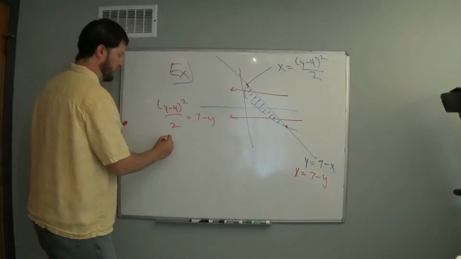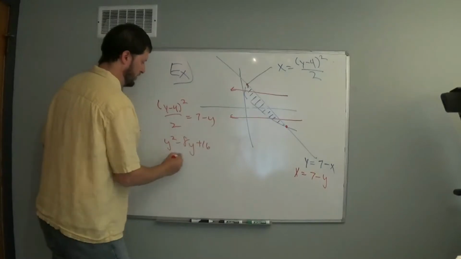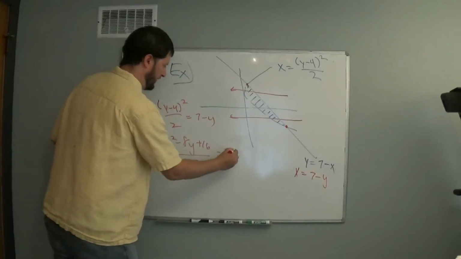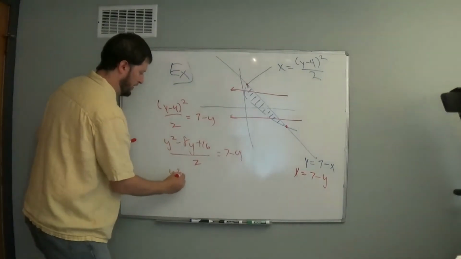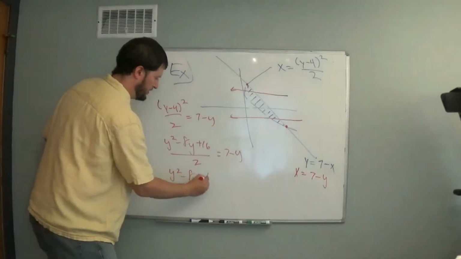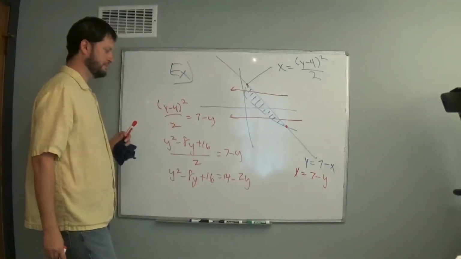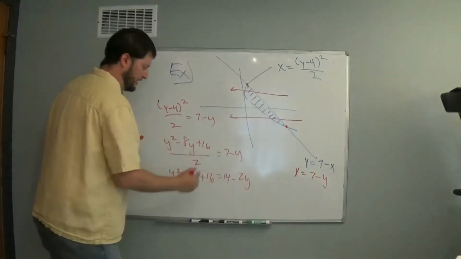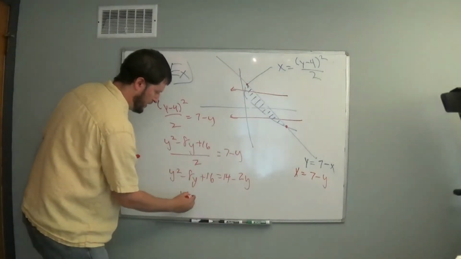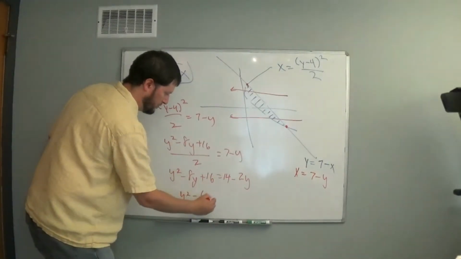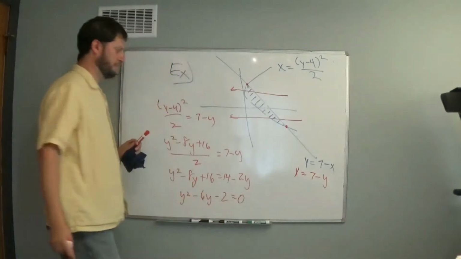So that's y squared minus 8y plus 16, all over 2, is 7 minus y. Multiply through by 2: y squared minus 8y plus 16 is 14 minus 2y. Bring everything to the left: y squared, that makes plus 2y, so that's minus 6y minus 2 is equal to 0.